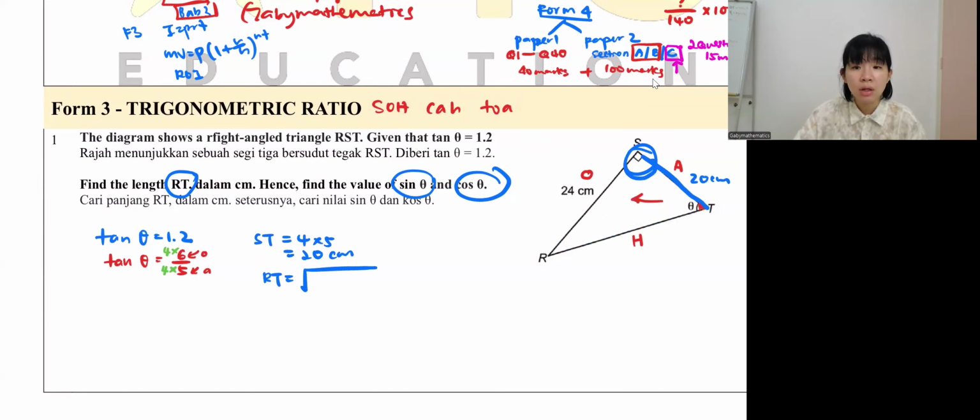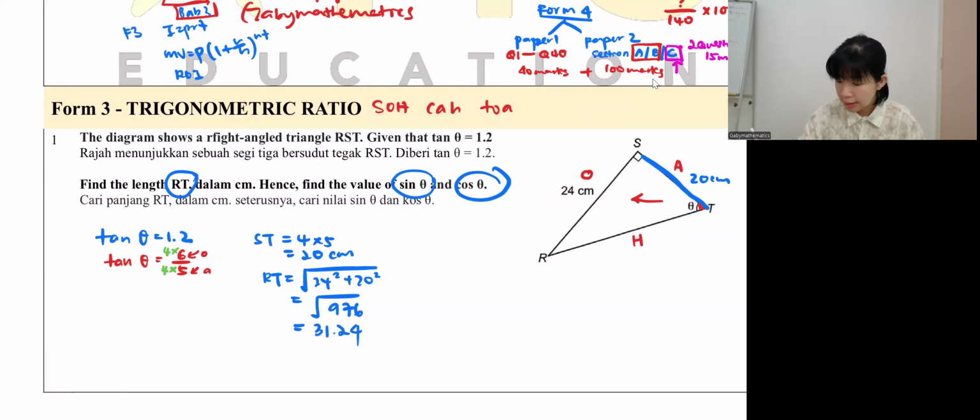Now you are finding the longest, so we add 24 squared plus 20 squared, square root. How much? 976, square root, decimal. Take 2 decimal places. 31.24. 31.24 cm.